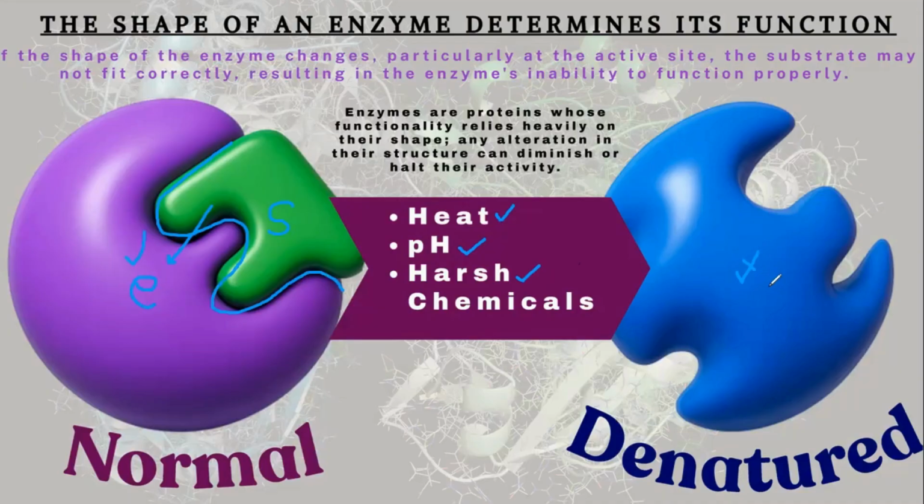And denatured is not what we want to happen, because now the enzyme shape and the active site where the substrate would attach is essentially damaged. That's what denaturing is: the influence of heat or pH or harsh chemicals altering the shape of that enzyme, therefore rendering it unusable for the purposes that it needs to do.